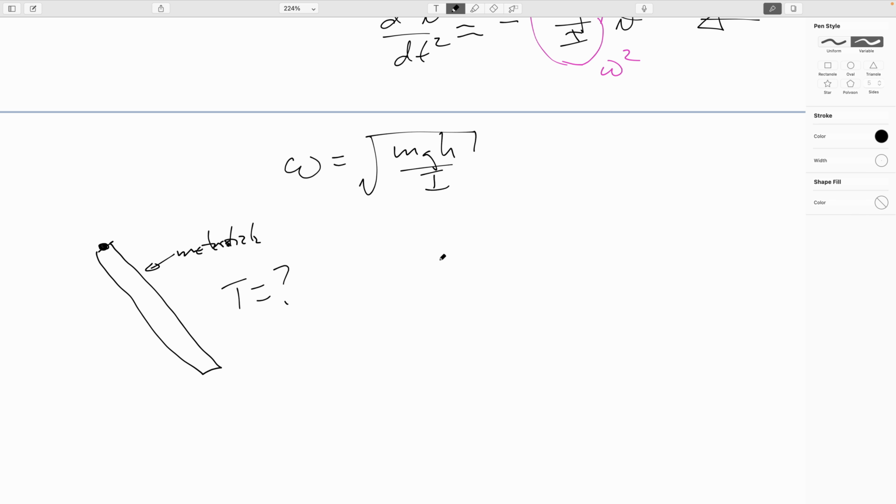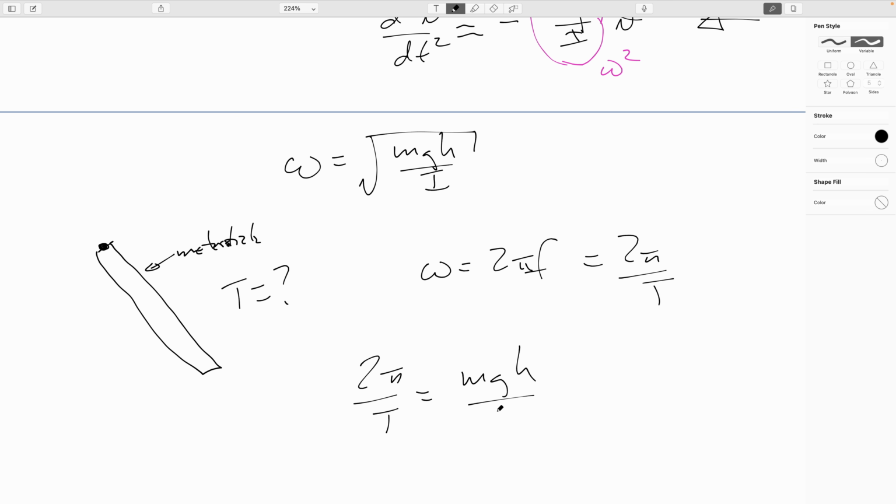Well, we remember that omega is 2 pi f, so it's also 2 pi over the period. So we can take this result and say 2 pi over the period equals the square root of mgh over I. So first thing we need to do is locate the center of mass of our meter stick.